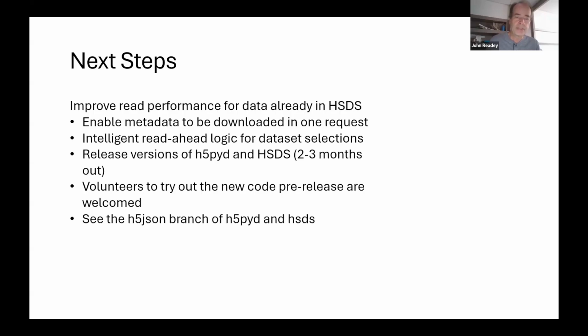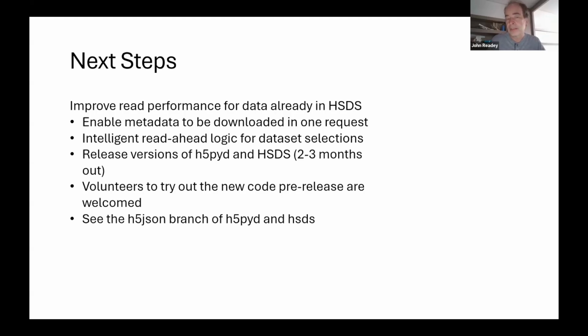For dataset reads, it would be interesting to look into some kind of read-ahead logic. Say you have a dataset that's one-dimensional, with 1,000 rows of a compound type. If my client code was doing: read a row, look at that, read another row, look at that, then normally that would translate to a number of HTTP requests equal to the number of rows you're reading.